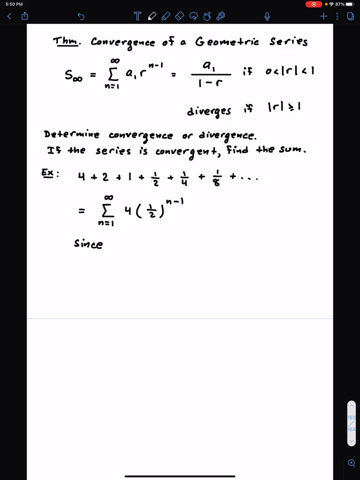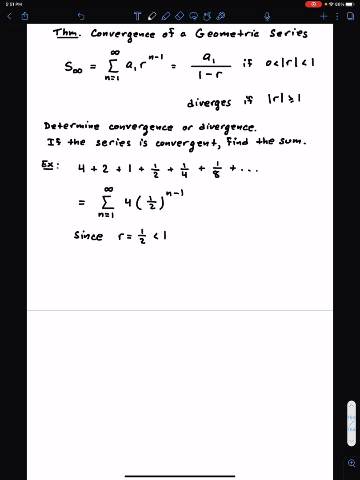Since this is a geometric series with r equal 1/2, which is strictly less than 1, this implies that the series converges, since it's a geometric series with r less than 1.